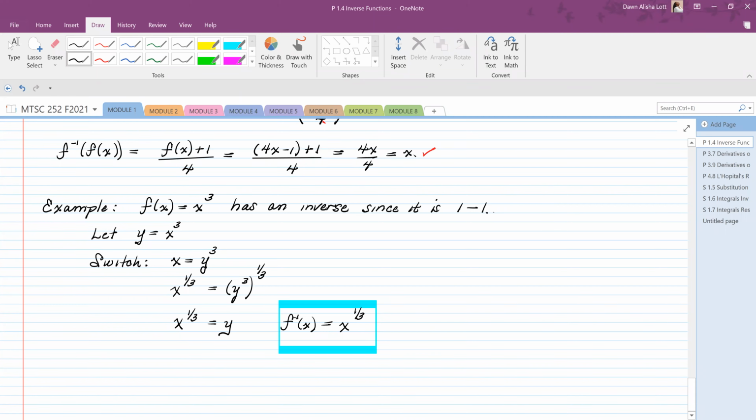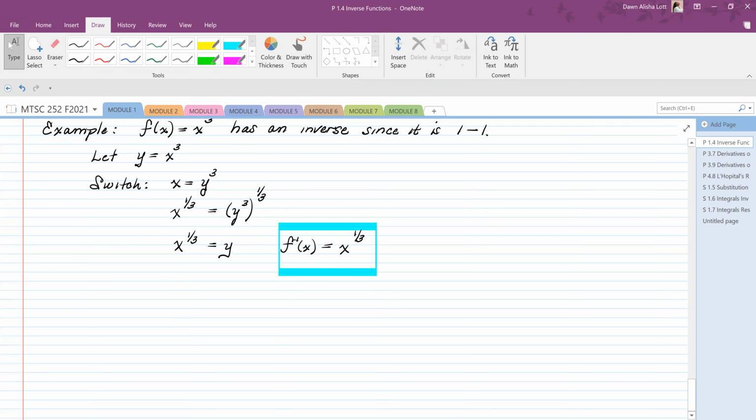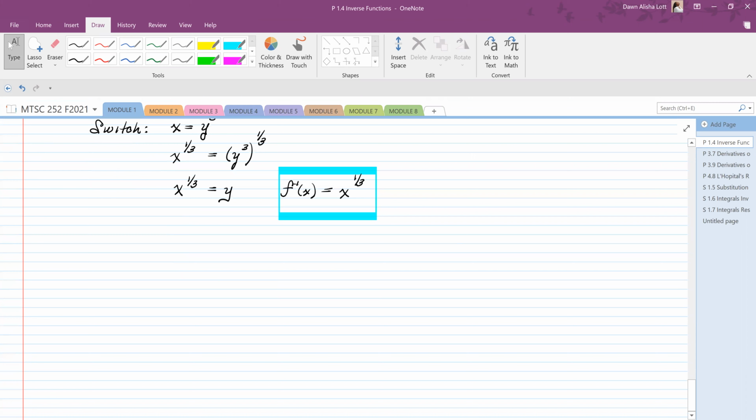Okay, so let's see what the inverse looks like. Anytime you switch x for y, then you actually are flipping over the axis. Okay, so here's my function. Here's my curve. So f of x equal to x cubed looks like this.